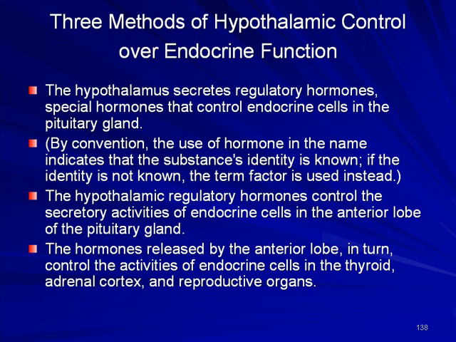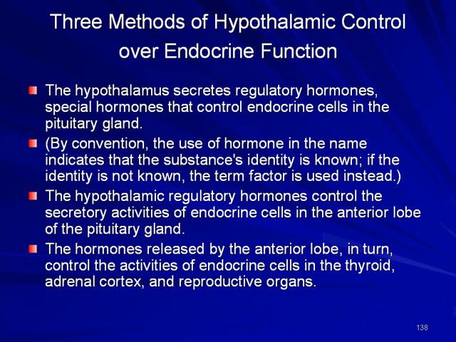Three methods of hypothalamic control, again, because of the releasing hormones that are secreted by the hypothalamus. The hypothalamus secretes certain regulatory hormones, special hormones that control endocrine cells. The hypothalamic regulatory hormones control secretory activities by endocrine cells in the anterior lobe and, to a degree, the posterior lobe of the pituitary gland as well, but there is a neurological impact into the posterior lobe.